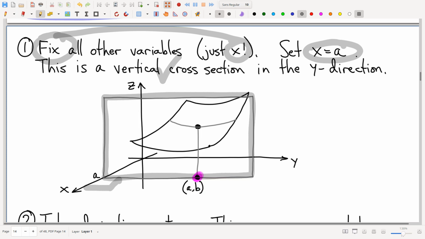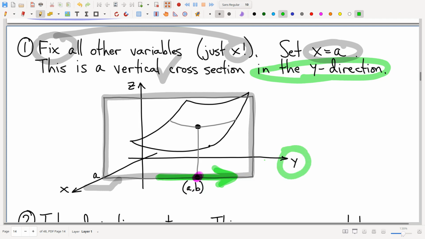And now I'll point out another way to think about this is just a different point of view. Keep in mind we're taking the partial with respect to y. Notice that as we're taking the partial with respect to y, fixing x has us on the picture taking what you might call a cross-section in the y direction, as it were.